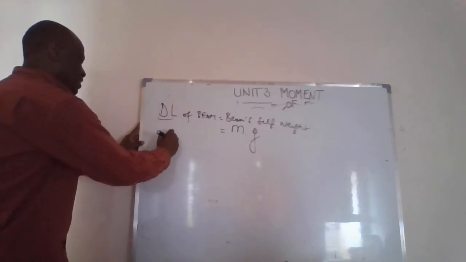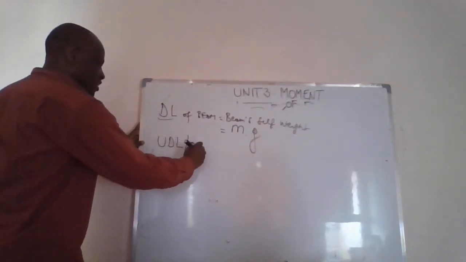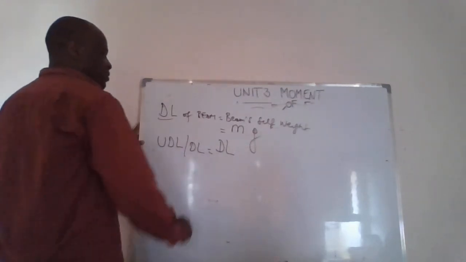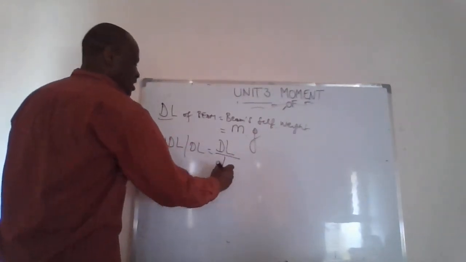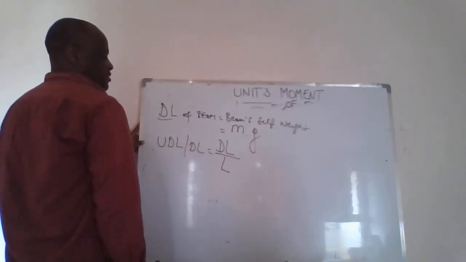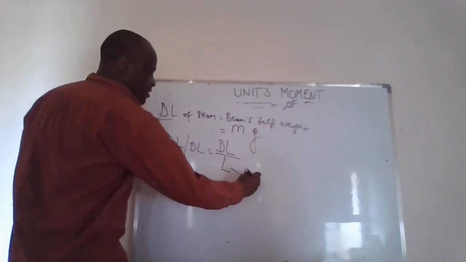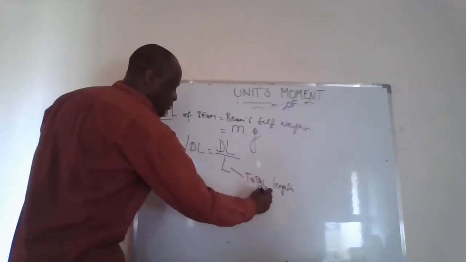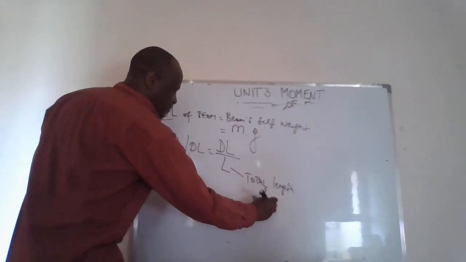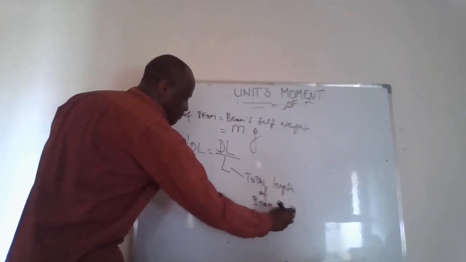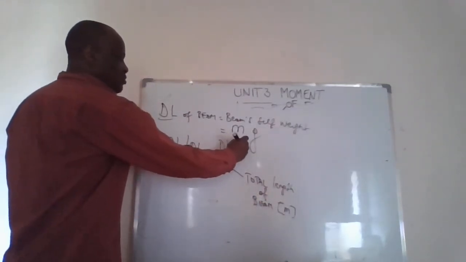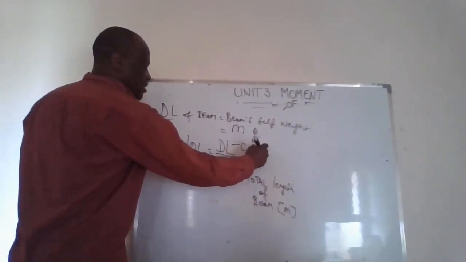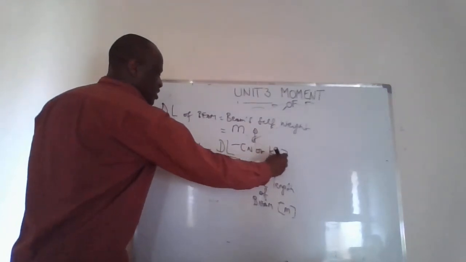And the UDL dead load will be equal to the dead load, which is the beam's weight or self-weight, over the length. And here it's the total length of the beam, which should be in meters. The dead load should be in newtons, or generally better expressed in kilonewtons.